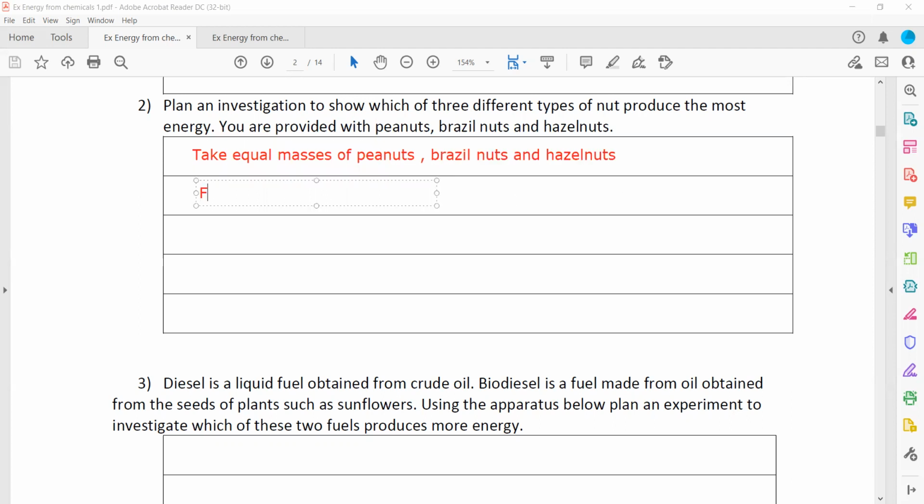Then we will fill 3 beakers with the same amount, or same volume, of water. Then we'll record the initial temperature. Initial means the starting temperature.